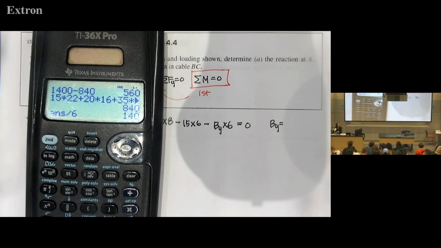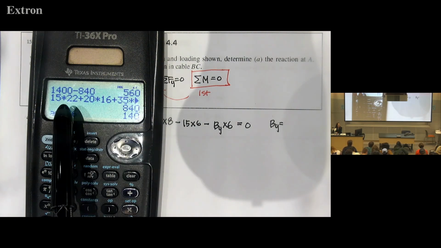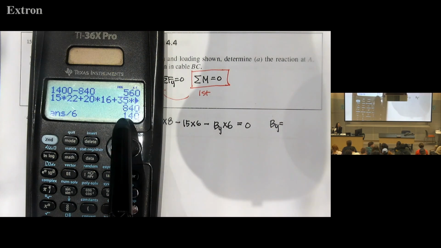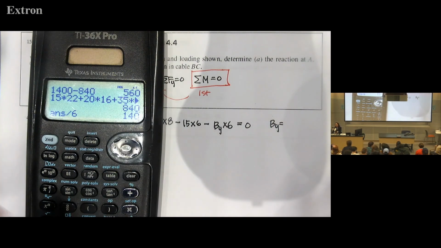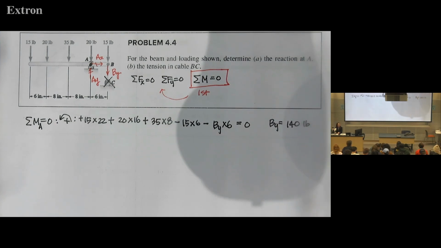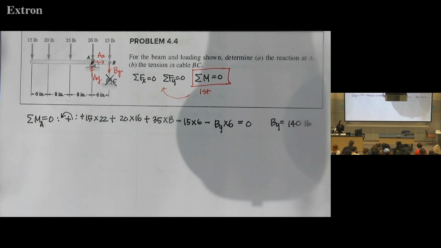Yep. So this is what I have, 840, and then divide by 6, so it's 140. Right? Okay. So any question about the moment equilibrium equation?